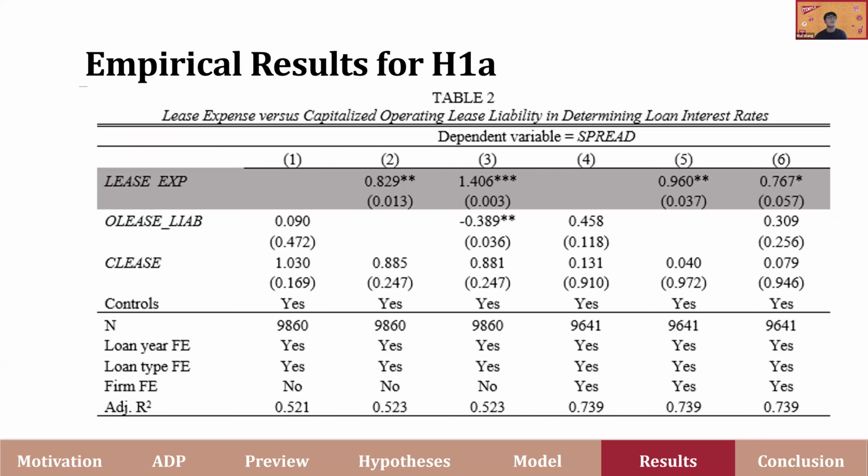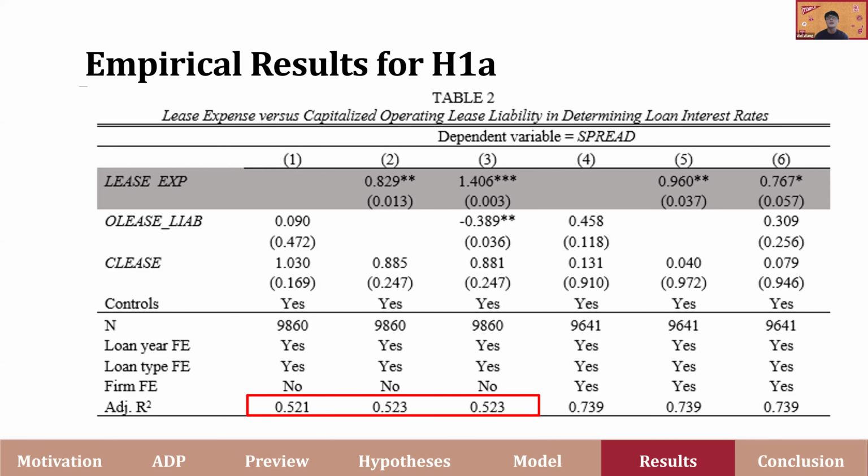And here's our main model. We're going to start with models 1, 2, 3. In model 1, following what a lot of prior literature does, we only include operating lease liabilities, the balance sheet measure, into the model. In the second model, we replace lease liabilities with lease expense. In the third model, we put everything together.